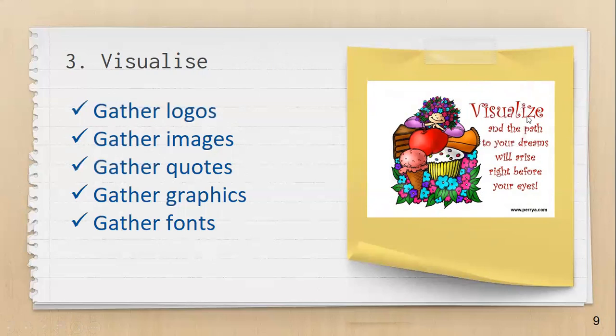If you look at over here where it says visualize, and it's in Curls font, I believe that's Curls font, it's a bit more fun, playful, and kind of unruly. So it gives you a different feel. That's what I'm talking about. So you want to gather fonts that communicate the feel of your book. So gather quotes, logos, images, graphics, fonts that communicate the feel of your book.